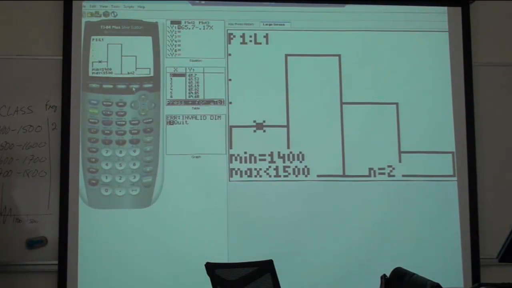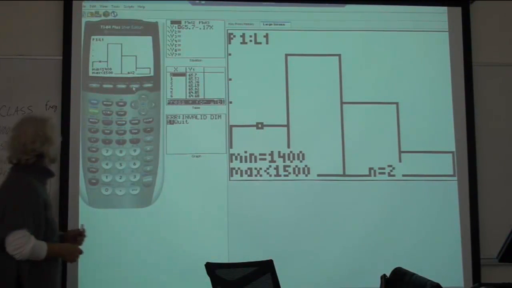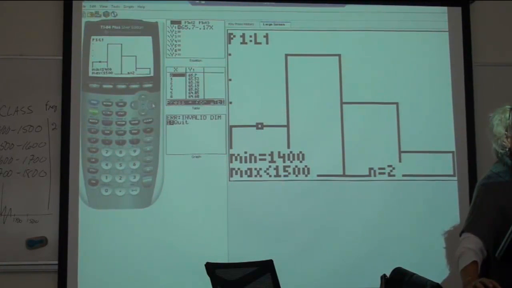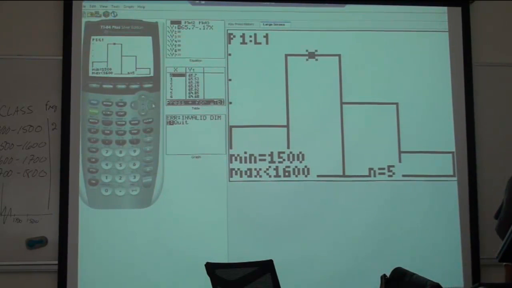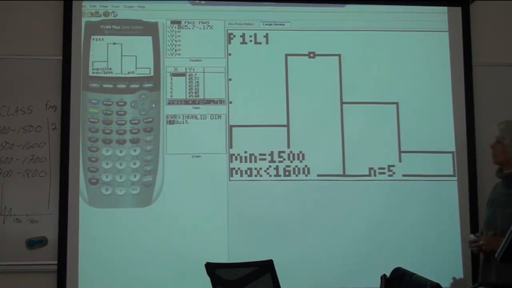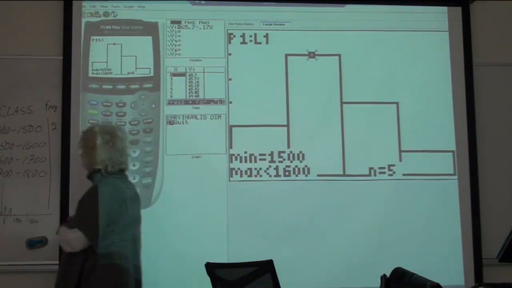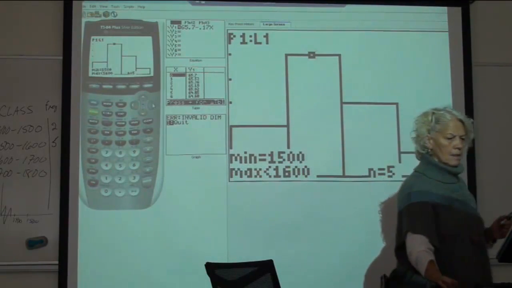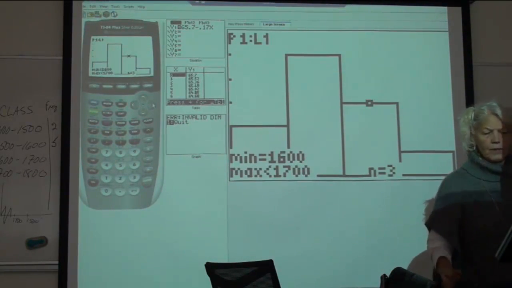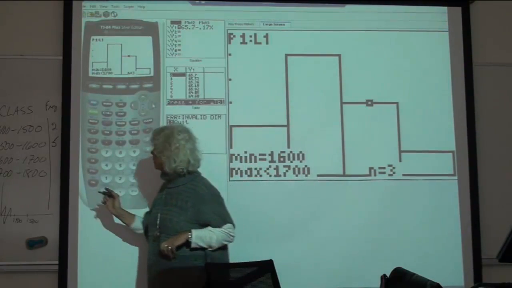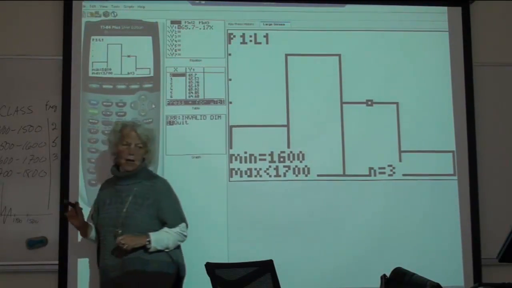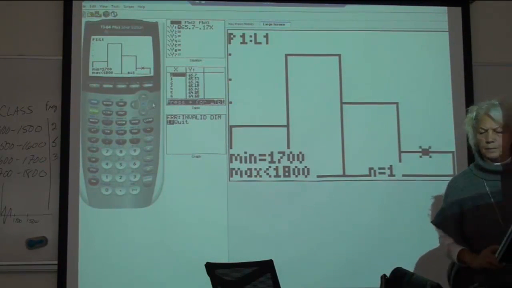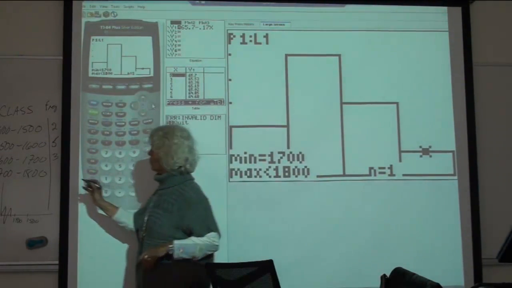And then if I just click to the next one, it jumps up and tells me now there are 5. And the next one is 3. And the last one? 1.